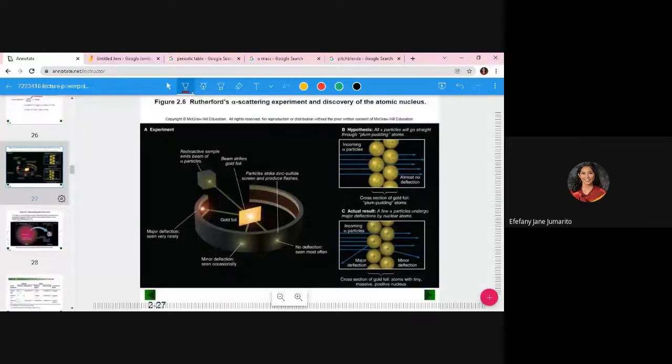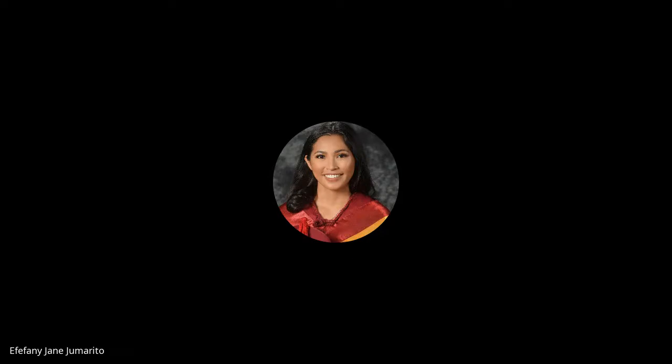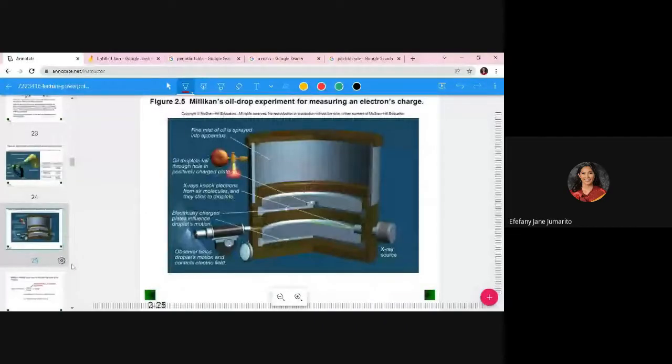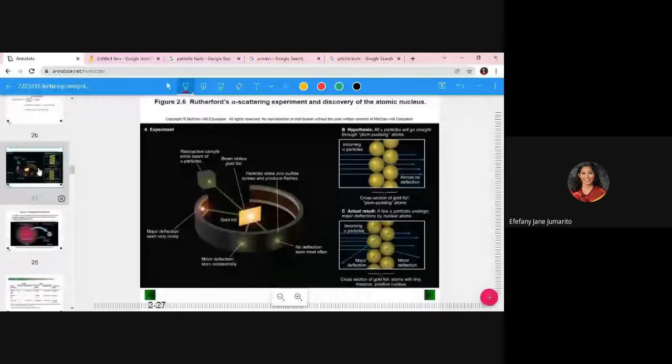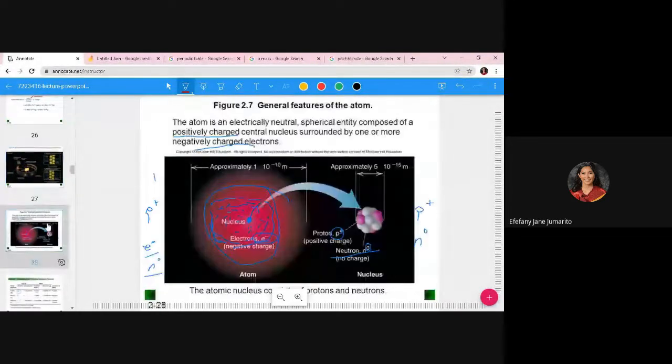So the first group will report on the cathode ray, the second group Millikan, and then this one, Rutherford. Okay, it's more on the history of the discovery of atoms, or the nucleus. So it should be interesting. You will report for maybe 3 minutes each. I will divide you and give the groupings. Then you report next meeting. Okay? Yes, ma'am.